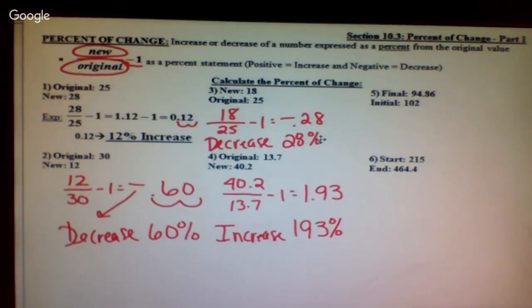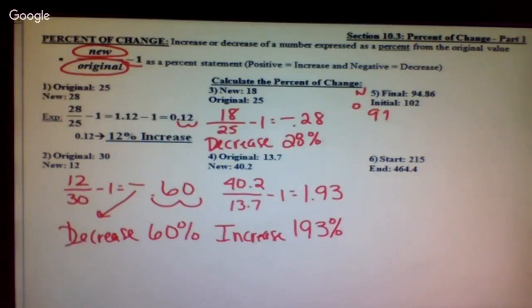Okay, don't get confused with 5 and 6 because they've changed your words now. We're looking at initial and final. Your initial is your original, your final is your new. So, should this be an increase or a decrease? This is a decrease.